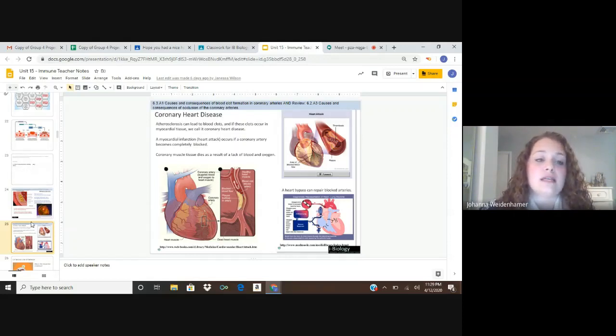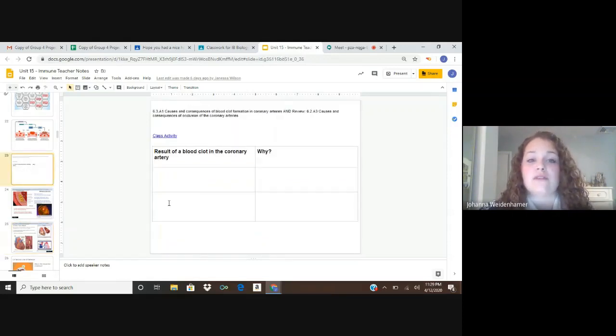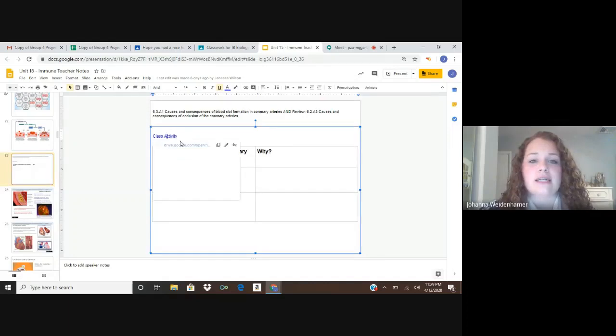So using these 2 slides, I want you to fill out these two boxes and explain why atherosclerosis could possibly cause a heart attack or a narrowed lumen or a narrowed pathway for blood to go through.